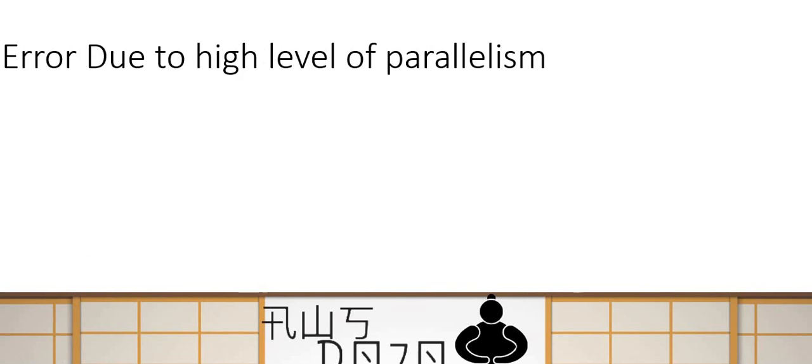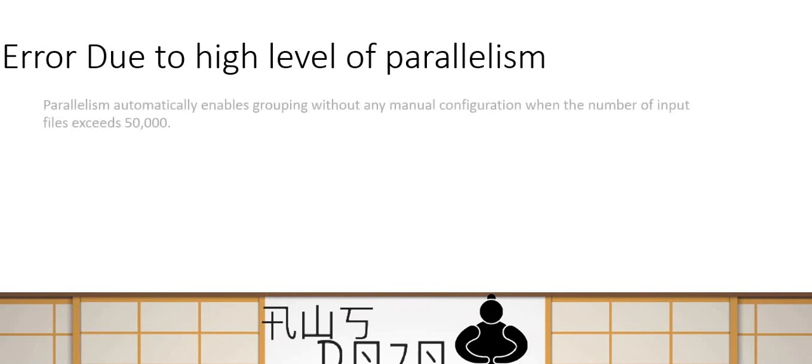The problem is that this parallelism sometimes becomes a very high degree of parallelism, and when you have a high degree of parallelism, it gives an error. Glue automatically enables grouping of the files into Spark tasks if the number of input files exceeds 50,000. So if you have more than 50,000 files to be processed, Glue automatically does grouping of your files for parallel processing.